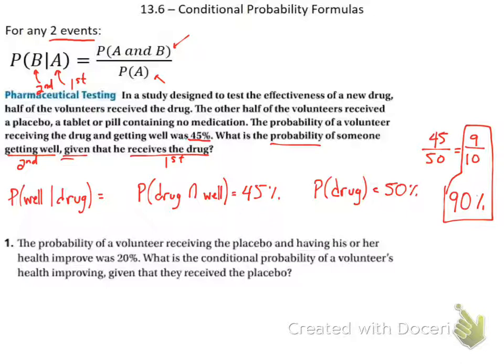In the same thing, volunteer receiving the placebo, having her health improve was 20%, so I want to find the probability that someone's health improved, given first that they actually received the placebo. So again, I'm finding the probability that someone gets well, but now what I care about first is that they receive the placebo.